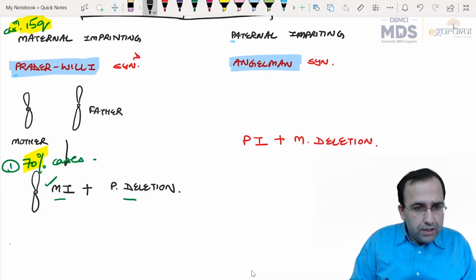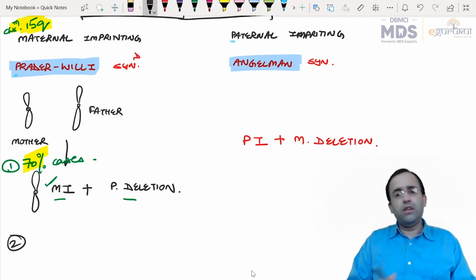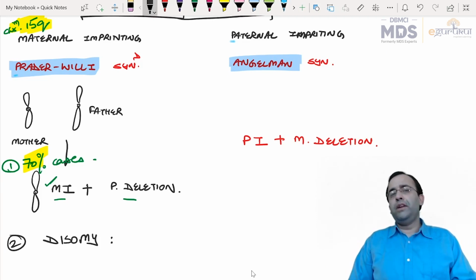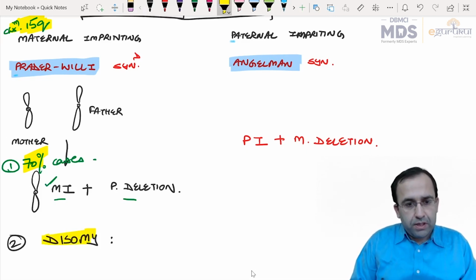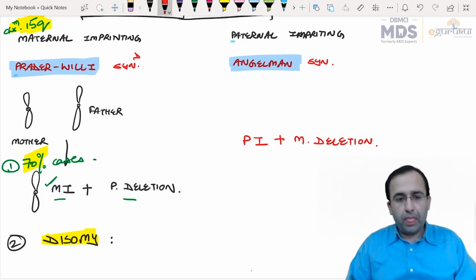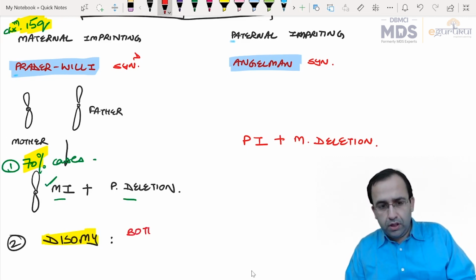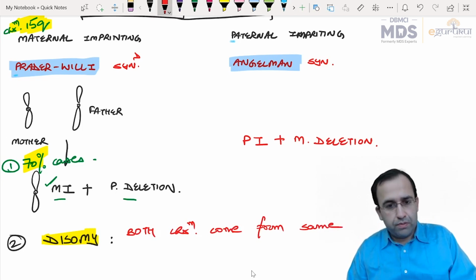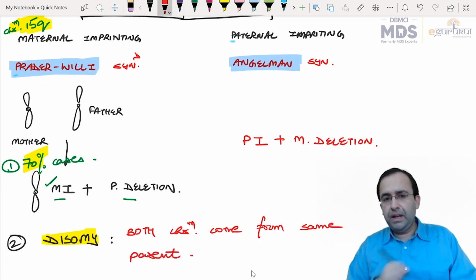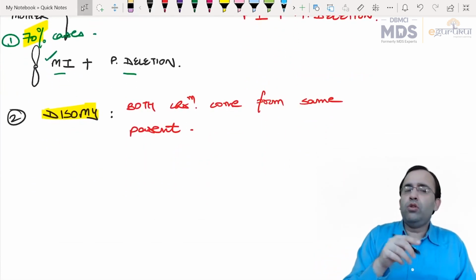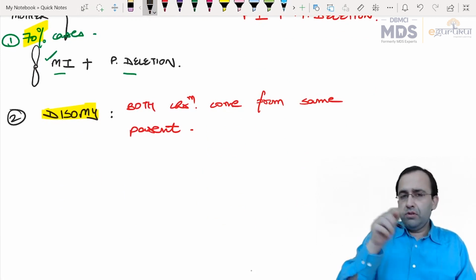Next, the next method of having the disease, continue the same flow chart. The next method is disomy. What do we mean by disomy? First method was imprinting plus deletion, जो 70% था. Second method is disomy. Disomy means both the chromosomes come from the same parent. So you tell me, Prader-Willi में कौन सी डाइसोमी होगी? मैटरनल डाइसोमी या पैटर्नल? मदर.